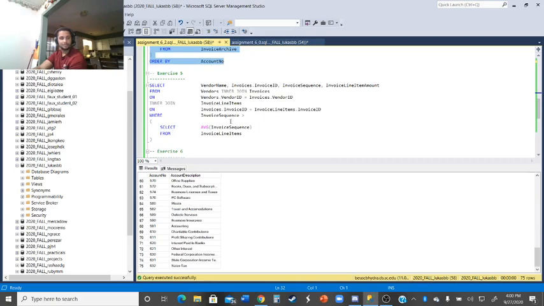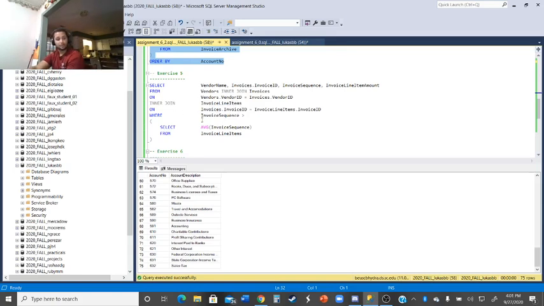Exercise 5, I asked for 4 columns and I used 2 inner joins. First one being vendors to invoices table in the overall query, and then I used another inner join to join these two tables with the invoice line items, all on IDs.